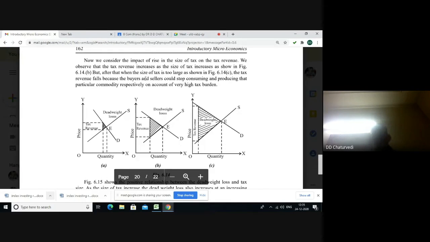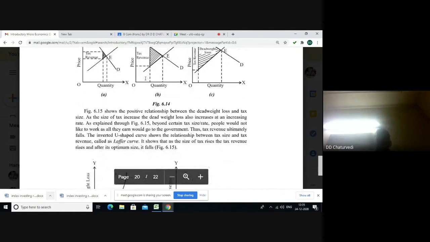When we further increase the rate of tax shown by figure 6.14c, we find now the tax revenue has come down. But the other impact of tax per unit is that as we increase the tax per unit, the deadweight loss shown by the shaded area keeps on increasing.